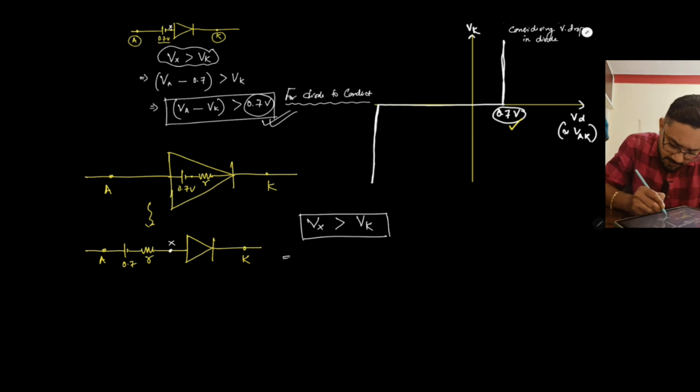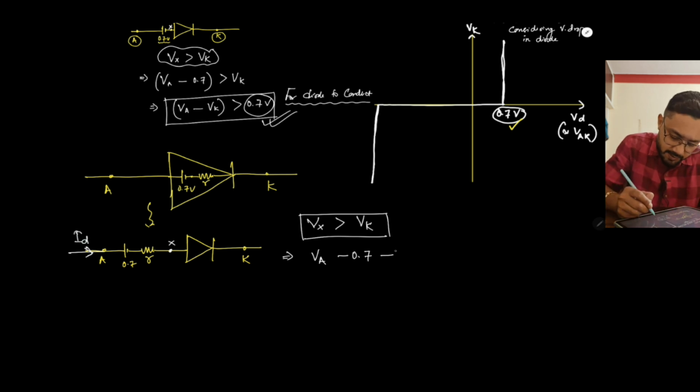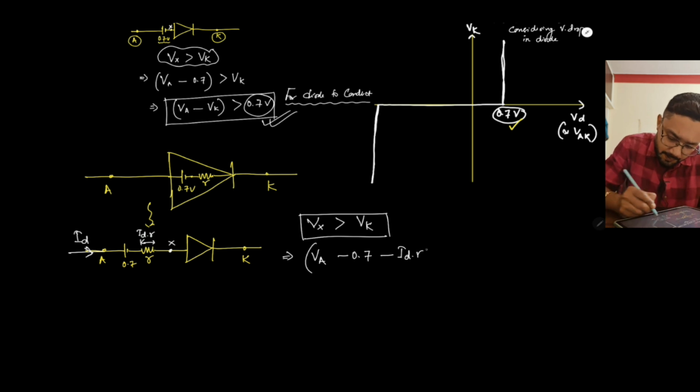And what is Vx? Vx is Va minus 0.7 minus ID into R, where I am denoting the current as ID, meaning the drop here will be ID into R. So this thing should be greater than Vk.